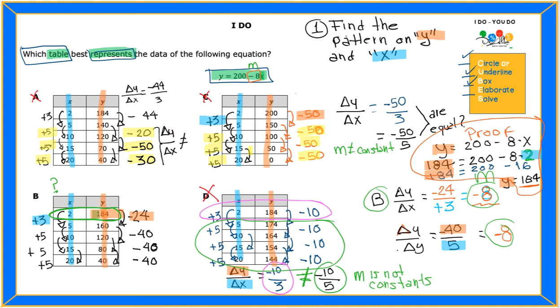So check the changes on the y over the changes on the x's, and they have to be consistent all across the table. Then pick that one, and to make a proof like we did here, look on the right side, do substitution. Choose one ordered pair, meaning the two numbers in the same row, plug them in, do substitution, and the number on the left side must be equal to the number on the right side.